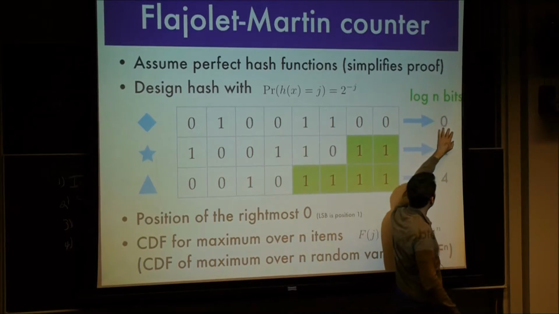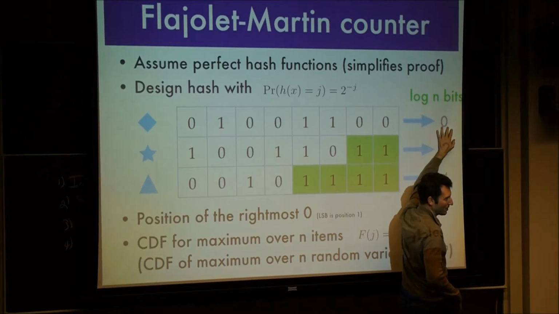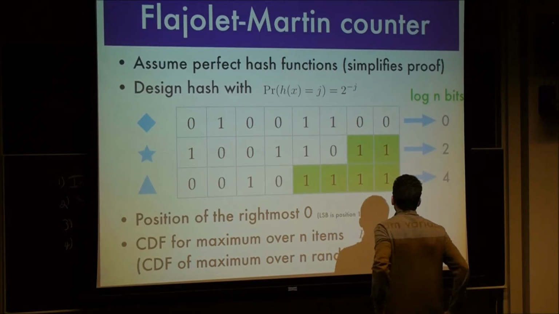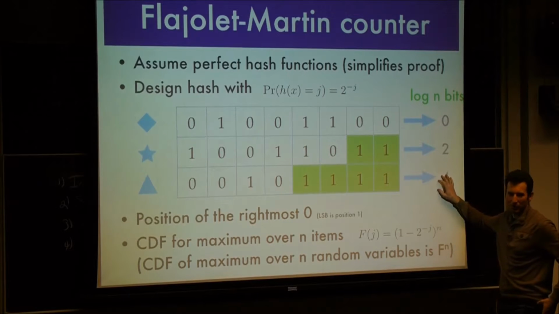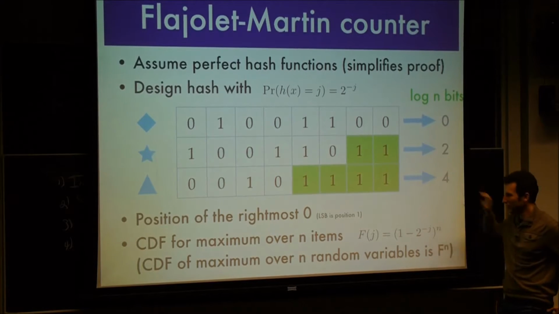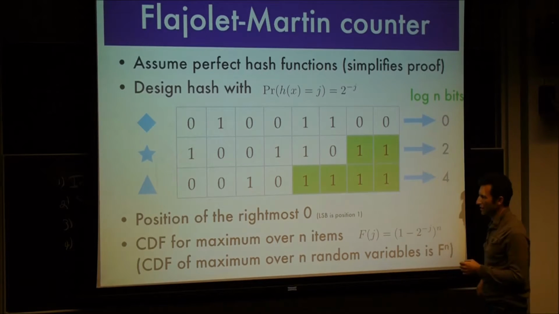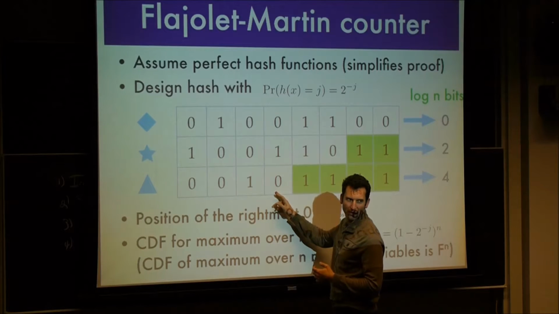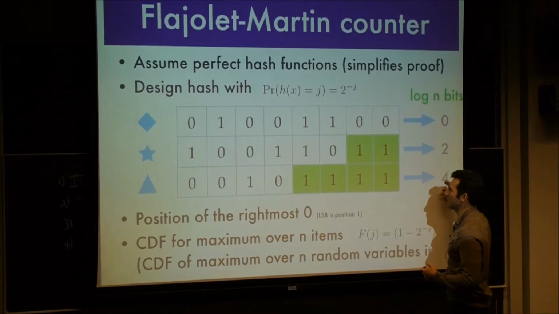Because if this occurs with probability 2 to the minus 0, it means it occurs with probability 1, so this is wrong, right? Anyway, so this would be actually mapped into a 5. Okay, fine. So now essentially what I'm looking for is the position of the rightmost 0. So you can see this table is wrong by 1.